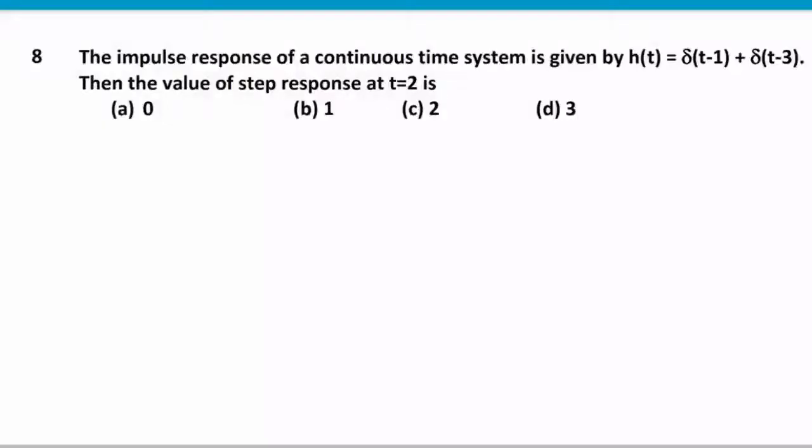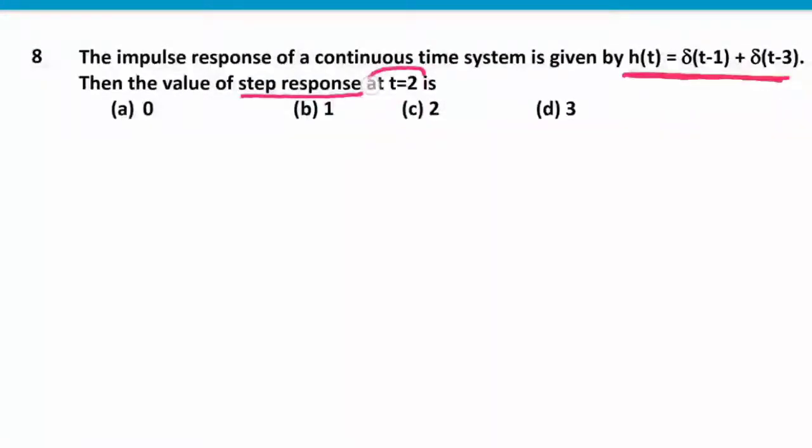Next question. The impulse response of a continuous time system is given by h of t is equal to delta of t minus 1 plus delta of t minus 3. Then the value of the step response at t is equal to 2 is dash. The impulse response is given and it asks for the step response at t is equal to 2.